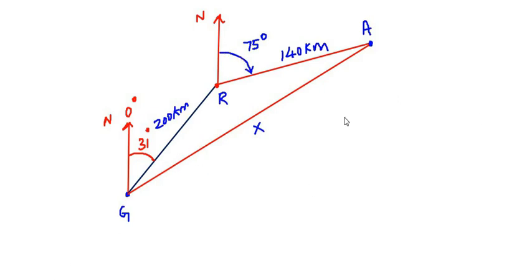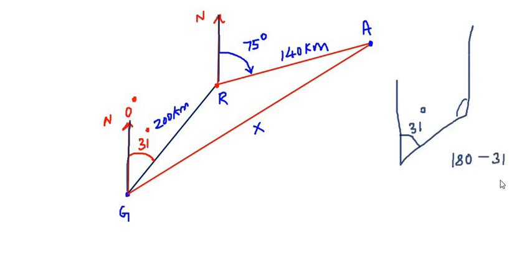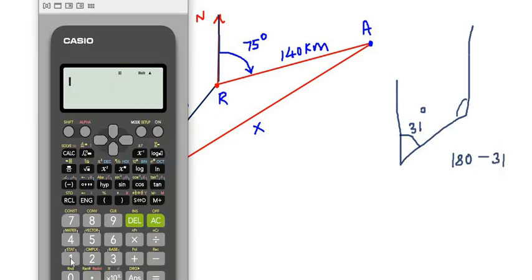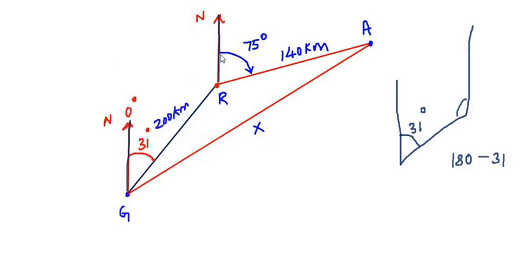Now, by observation, you can see that from N, G, R, N. So N, G, R, N. It's somewhat like this. So it represents a corresponding angle. So if this is 31 degrees, this angle is going to be 180 degrees minus 31 degrees. So let us check how much we get. 180 minus 31 gives us 149. That means we have got this angle as 149.